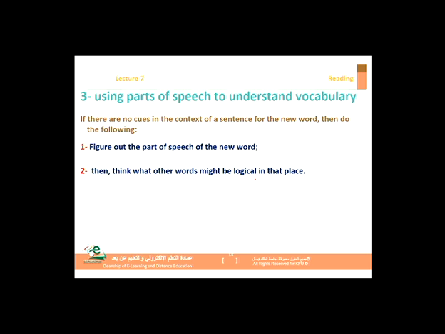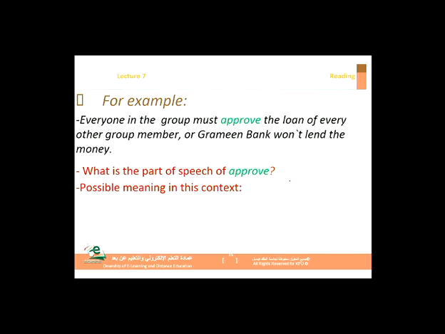We have to do 2 things. Number 1, figure out the part of speech. And then think what other words might be used logically in that place or in that context. Just thinking about the part of speech might help you get the meaning of that word. Let's look at this example, and with examples we hope it's going to be clear.